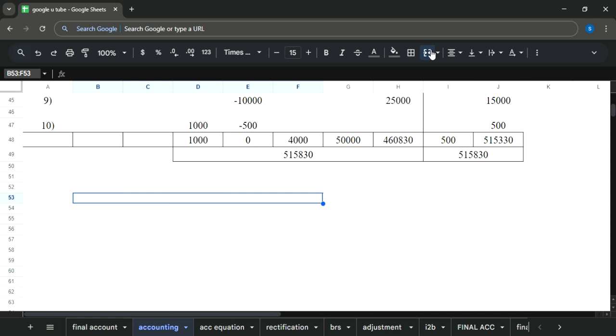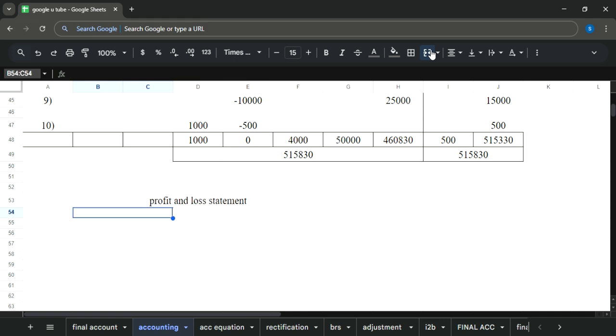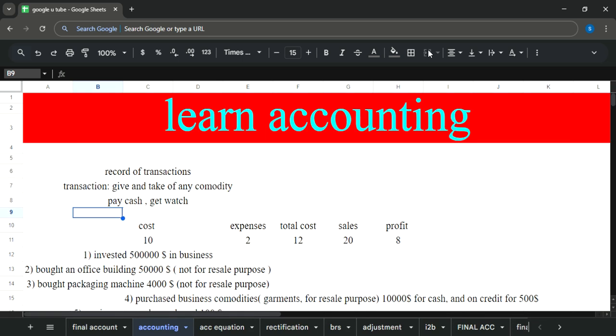So here we may call it the profit and loss statement. This would have two parts, but after completing our procedure, and only when you watch the whole video from start to end, will you understand how to calculate our profit and loss.